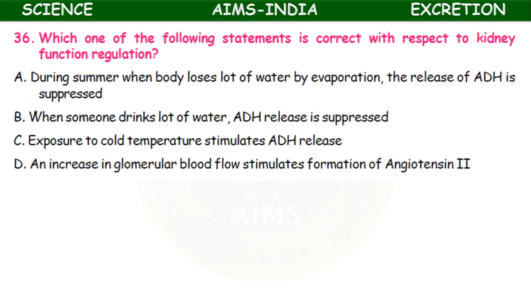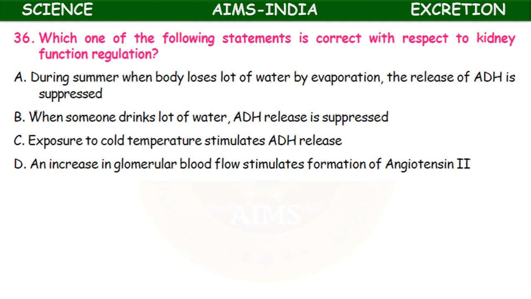Which one of the following statements is correct with respect to kidney function regulation? During summer, when the body loses a lot of water by evaporation, the release of ADH is suppressed. When someone drinks a lot of water, ADH release is suppressed.